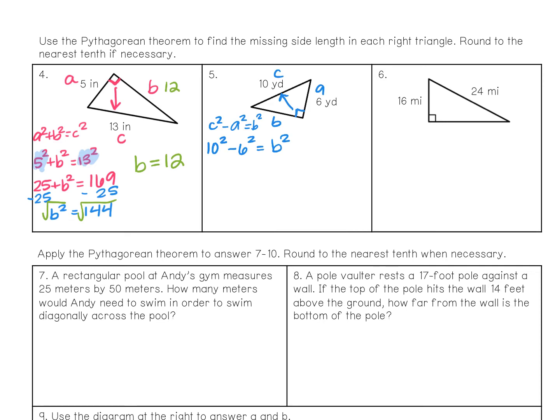And all I'm doing is cutting out a step when I am subtracting to start with. So that's 100 minus 36 equals B squared. So 64 equals B squared. My last step is going to be to take the square root of both sides to get B by itself. So B, or the other leg of the triangle, is going to equal 8 yards.